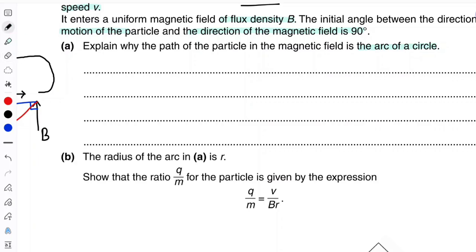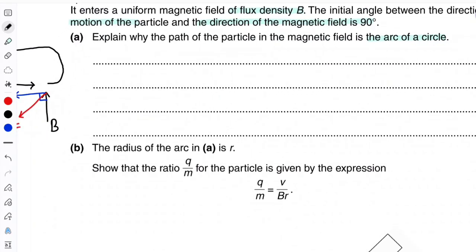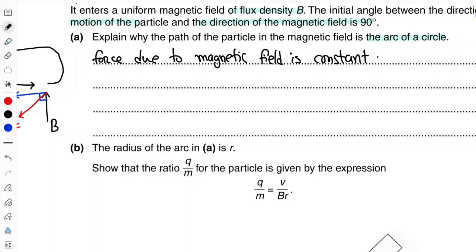We will write: force due to magnetic field is constant and it is perpendicular to direction of motion.